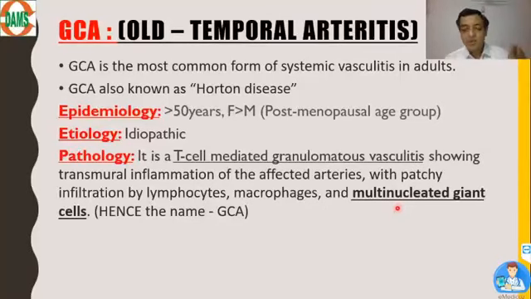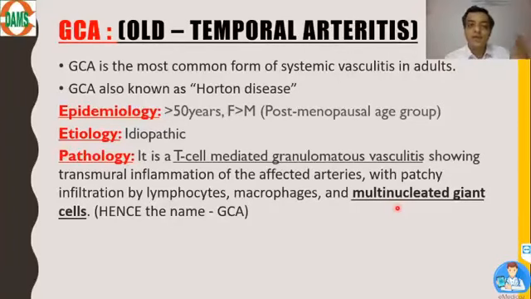Why did they say temporal arteritis? Because it is the most common artery involved. Yes, but does not mean it is the only artery involved. All of you remember the analogy to scleroderma. Saying scleroderma, the patient starts feeling it is a skin disease, only skin problem, which is not true.